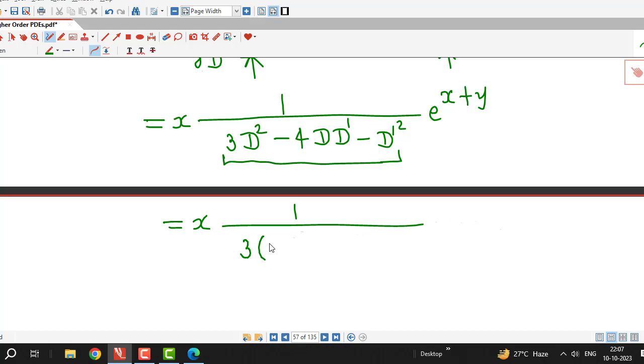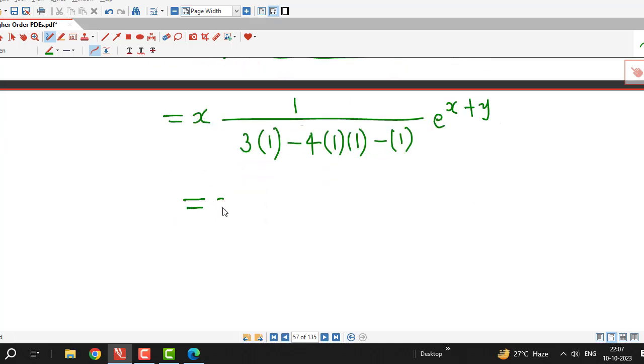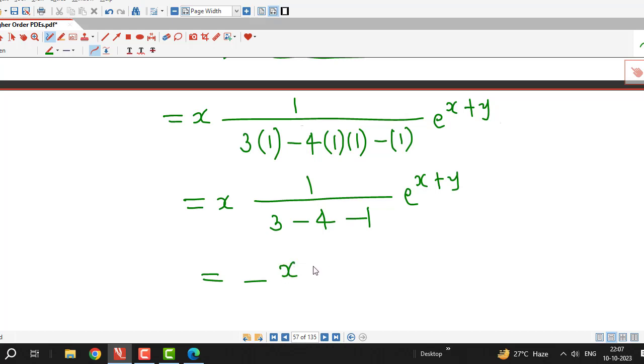Here 3 into 1 minus 4 into 1 into 1 and minus 1 square, that is 1, e to the power x plus y. And this is nothing but, one more step, 3 minus 4 minus 1, e to the power x plus y, and this is going to be minus 1 by 2. So finally we have minus x e raised to x plus y divided by 2 as the particular integral.